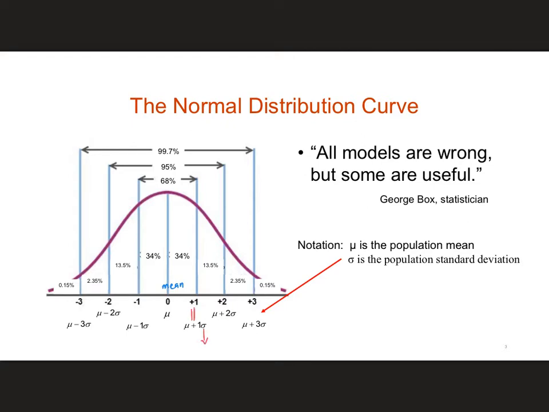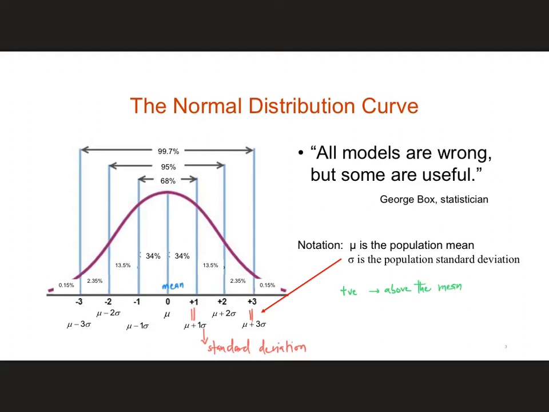This symbol here is the standard deviation. So +2 means 2 standard deviations above the mean, and +3 also means 3 standard deviations above the mean. So this implies that the positive sign means above the mean.